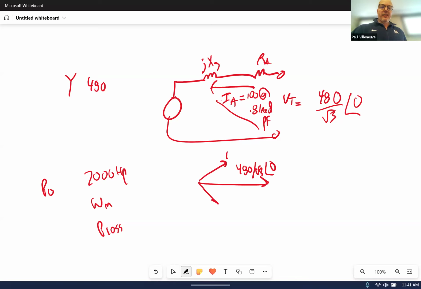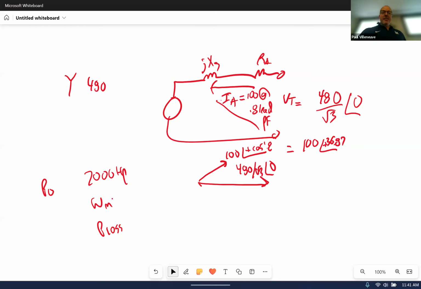So the current is 100 at an angle of positive inverse cosine of 0.8. That gives me my current. So now I can calculate what that angle is: inverse cosine of 0.8 is 36.87, positive because it's a leading power factor.